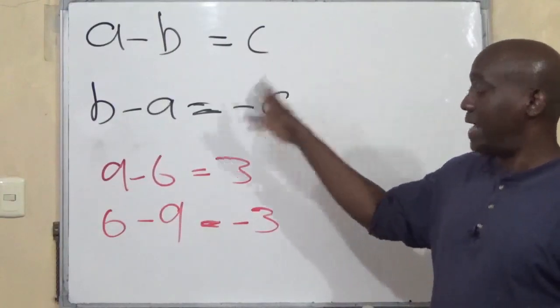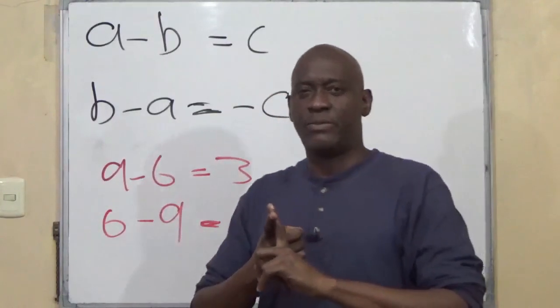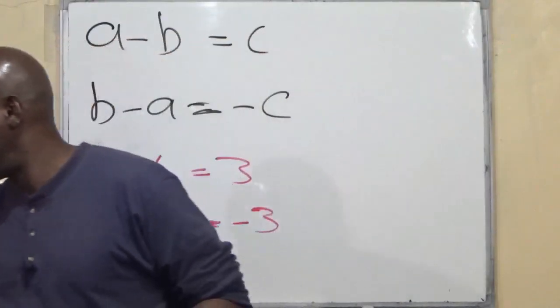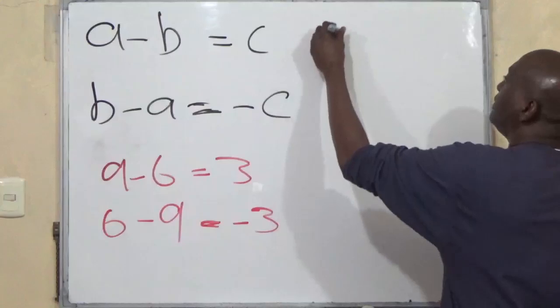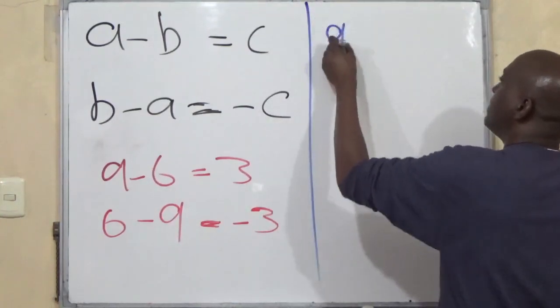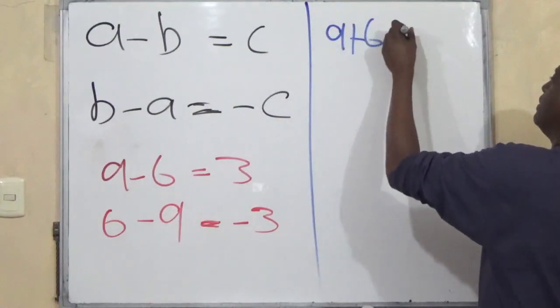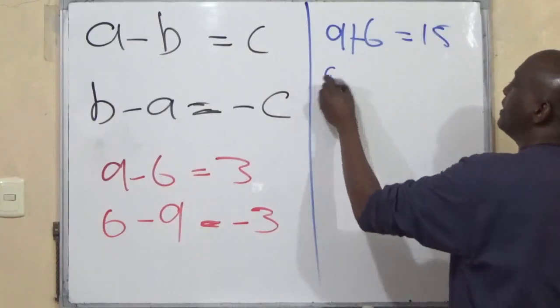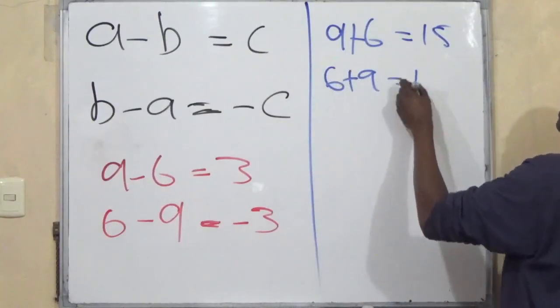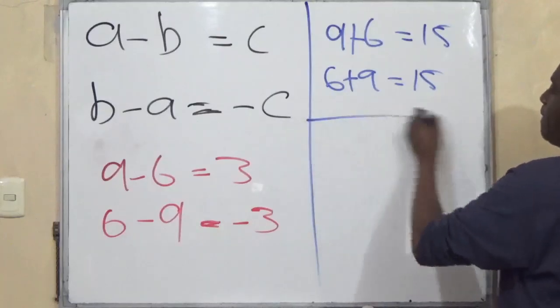Right. So addition is commutative. And again, let me just give the quick examples, right? We saw that 9 plus 6 is equal to 15, and we saw that 6 plus 9 is also equal to 15.